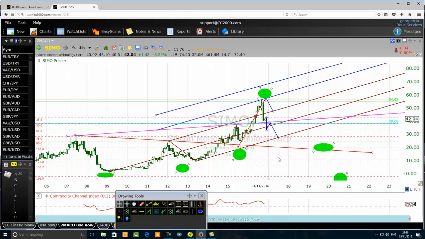Alright? Because of the 50% Fibonacci retracement level of this last price action from here to here. On the other hand, we are giving priority to bullish signals above $38.09, and we are giving priority to bearish signals below that level.